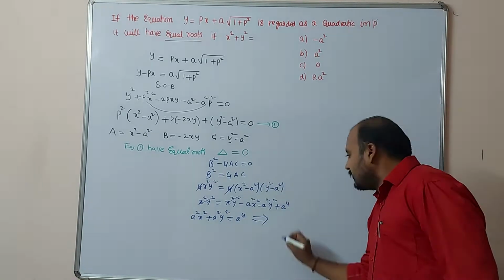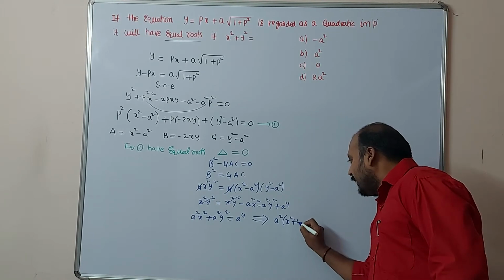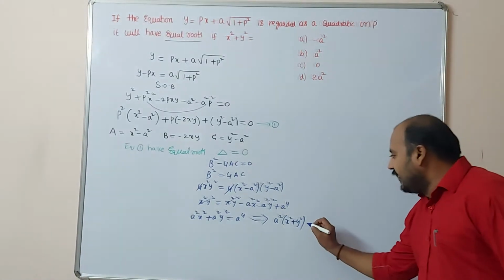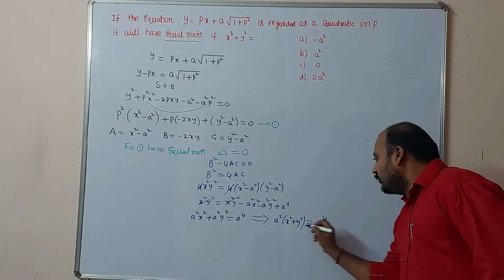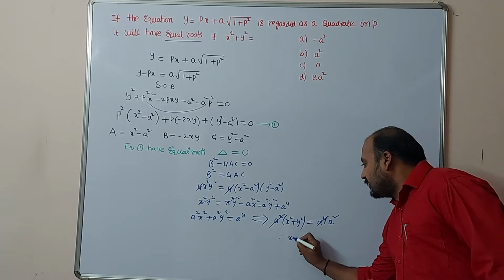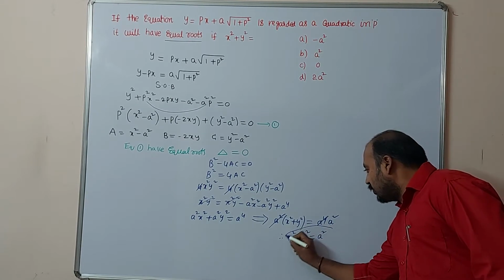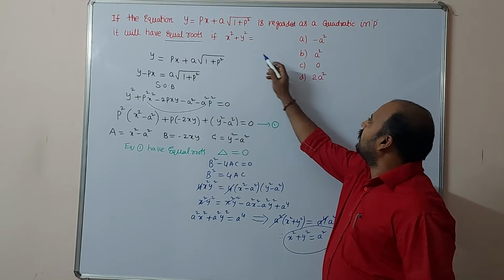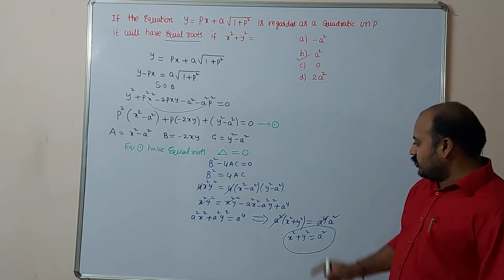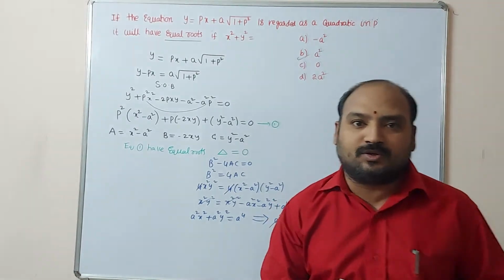That implies a square take common from LHS: a square into x square plus y square is equal to a power 4. Both sides a square will be cancelled. Therefore x square plus y square is equal to a square. That's what they are asking. The value of x square plus y square equal to a square is there in the second option. We will move on to the next question.